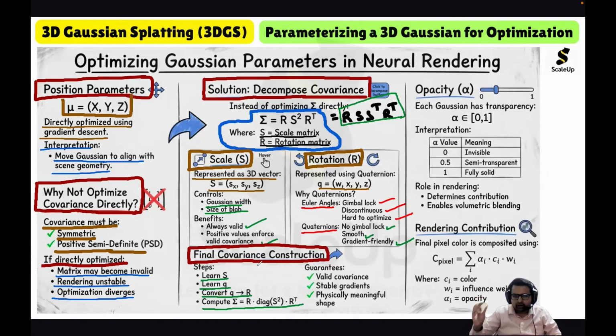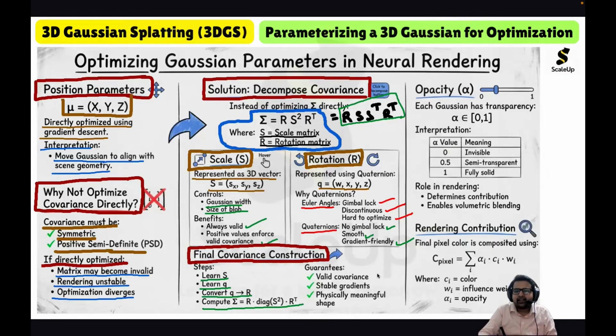For every 3D Gaussian, we combine the scale and the rotation matrix we learned and generate the covariance matrix, and that will represent the shape, size, and orientation. If we do it for all the millions of 3D Gaussians, the image we represent will be very, very similar to the real image.